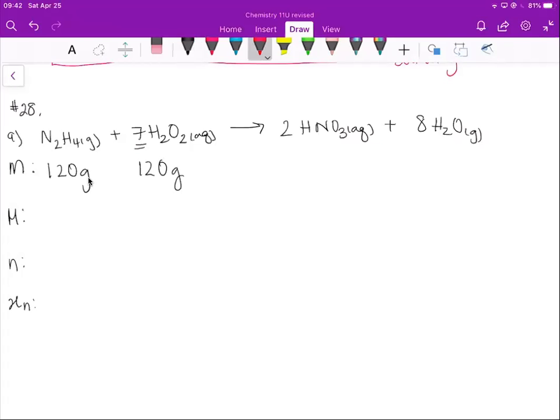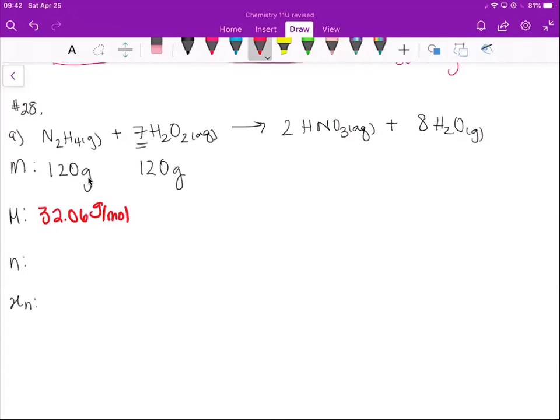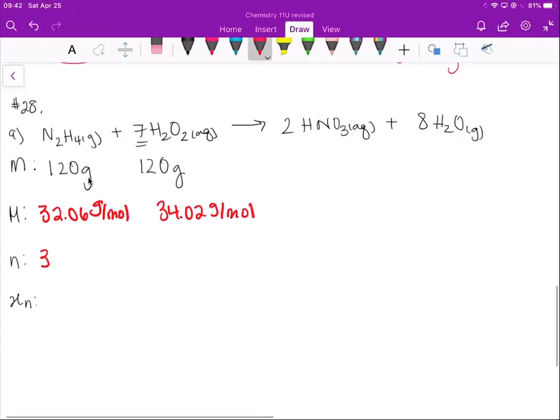Let's fill in the information that we need from the periodic table. 32.06 grams per mole for this nitrogen hydrogen compound, and then we have 34.02 grams per mole for hydrogen peroxide. We're going to divide because we're going to go down the table.